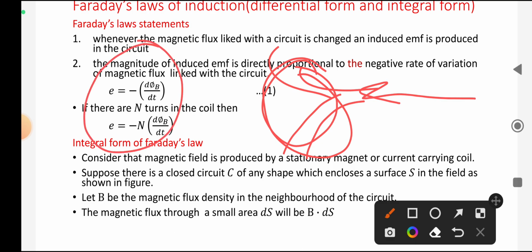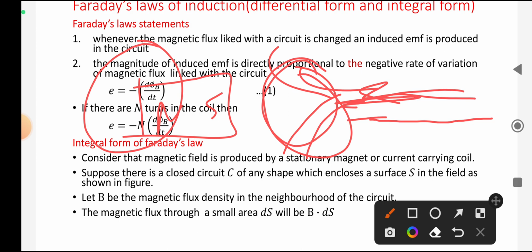But if you bring the bar magnet and keep it here without changing its position, you cannot get any induced EMF. Induced EMF cannot be produced when the bar magnet is stationary. When the bar magnet is moving, the field changes: when it is coming nearer to the circuit, the field increases, and when it is going away, the field decreases.